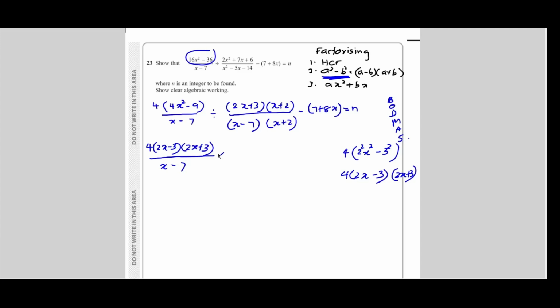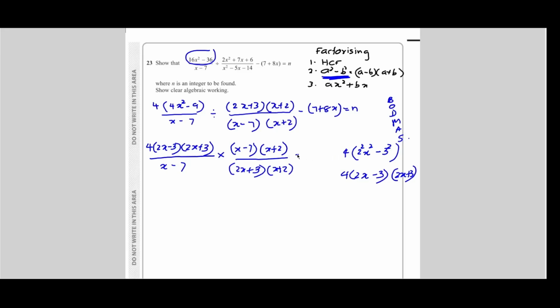Now let's multiply this one. Then this fraction comes up like the normal fractional division question. You have to flip the fraction, since this division is to be converted into multiplication. The numerator should go to the denominator, and the denominator should go to the numerator.